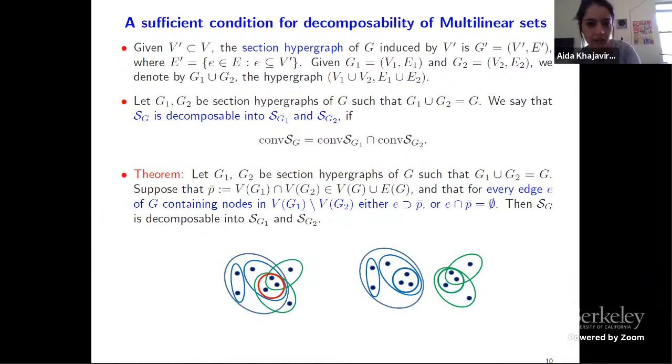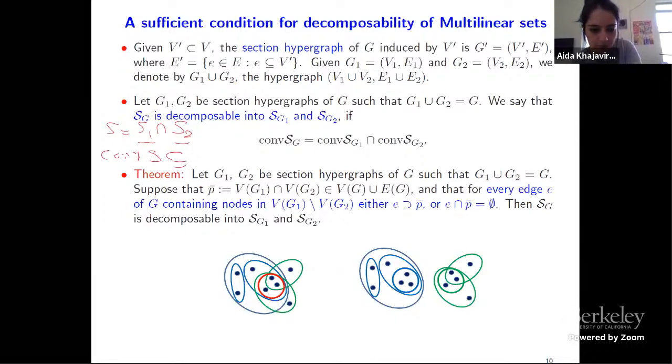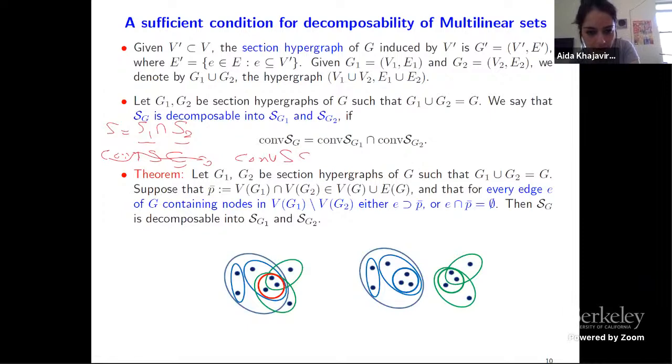So what I'm saying is, if I have a set S, which is equal to S1 intersection S2, and suppose S1 and S2 have a rather simple structure, I can always write that the convex hull of S is a subset of the convex hull of S1 intersected with the convex hull of S2.